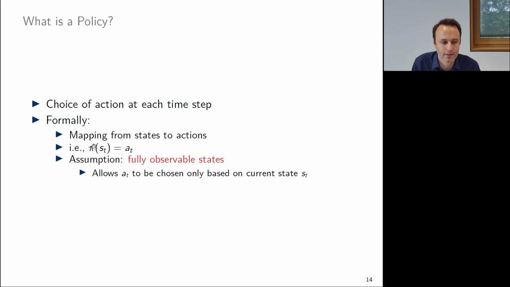Pi is the policy given a state st. And if we have a Markovian stationary process and everything is fully observed, then this state has all the information that we need to know the right action. And so there's a clear mapping from the state to the action, and that's the policy.